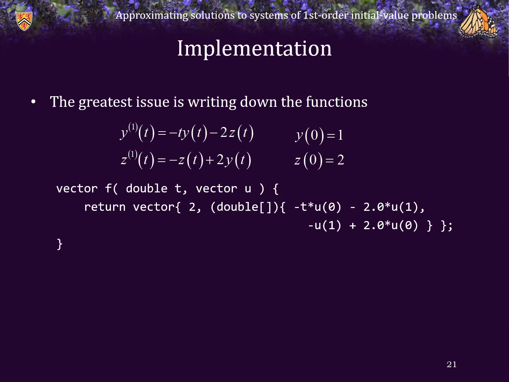What is returned is a two-dimensional vector where the first entry is t times the first entry of u minus twice the second entry of u, and the second return value is the negation of the second entry of u plus twice the first entry. The initial condition is just the vector that is two-dimensional containing the entries 1 and 2.